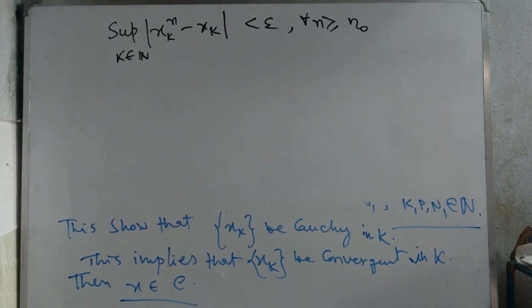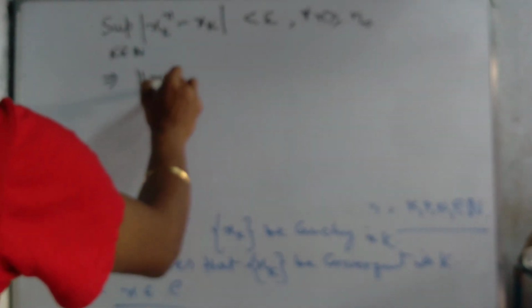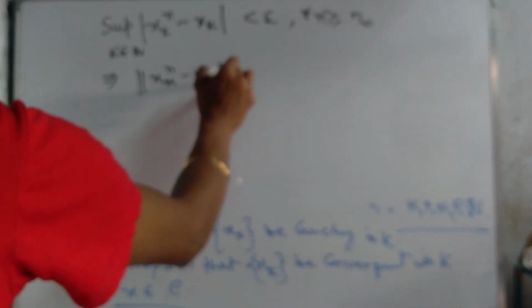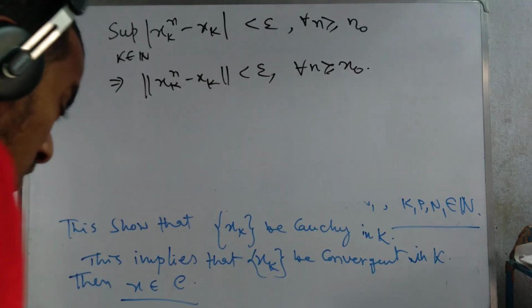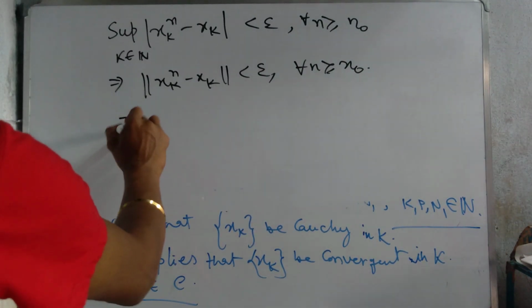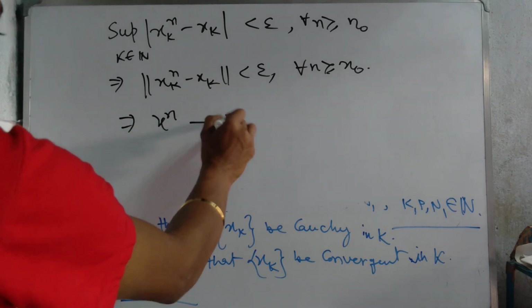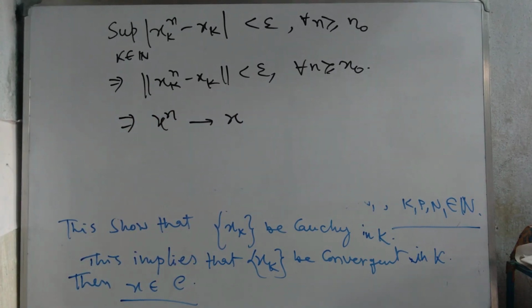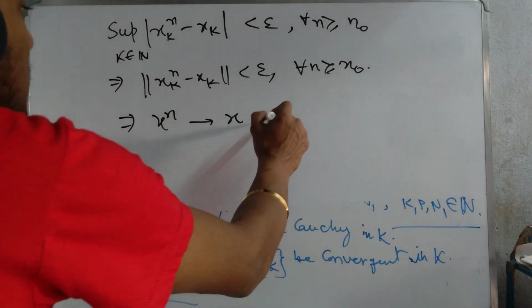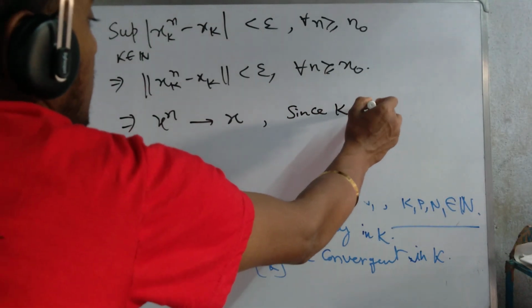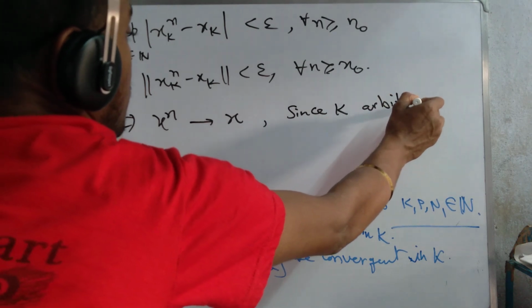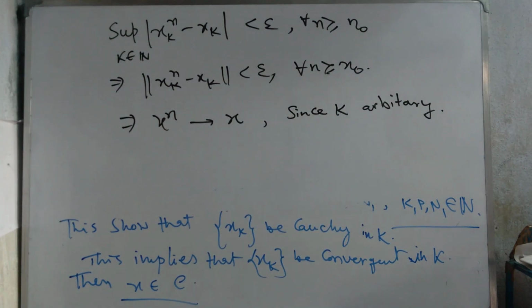Then this implies that the norm of x^(n) minus x is less than epsilon for all n greater than n0, and this implies that x^(n) converges to x, since k is arbitrary.